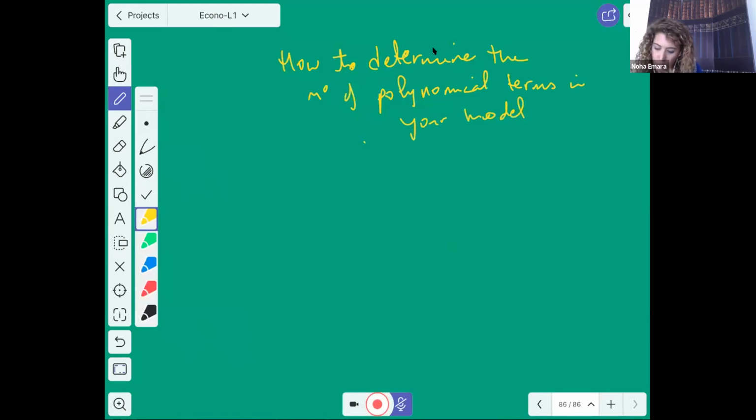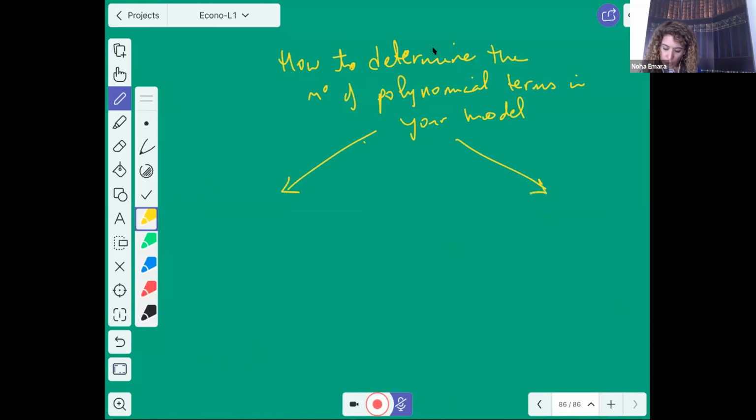Make sure that it's not like you decided on your own, okay, I think I need to add only 2, r equal 2, which is quadratic, or, okay, I need to have 3. You have to follow certain tests, and you have to make sure that this is actually what you need, because the more r's in the model, the more polynomial terms in the model, it might be good and it might also be bad.